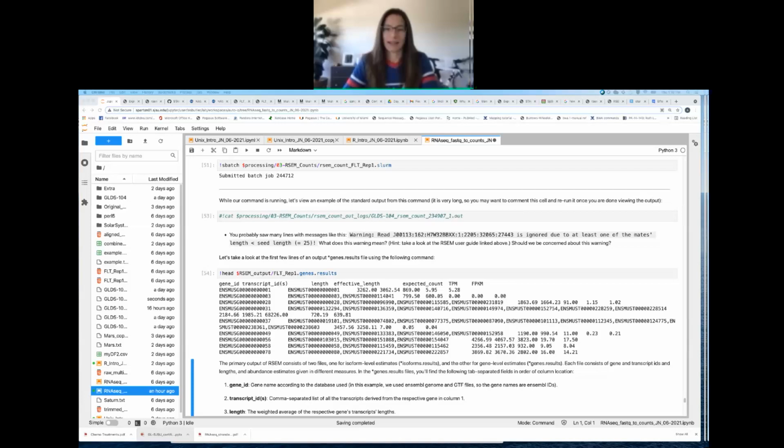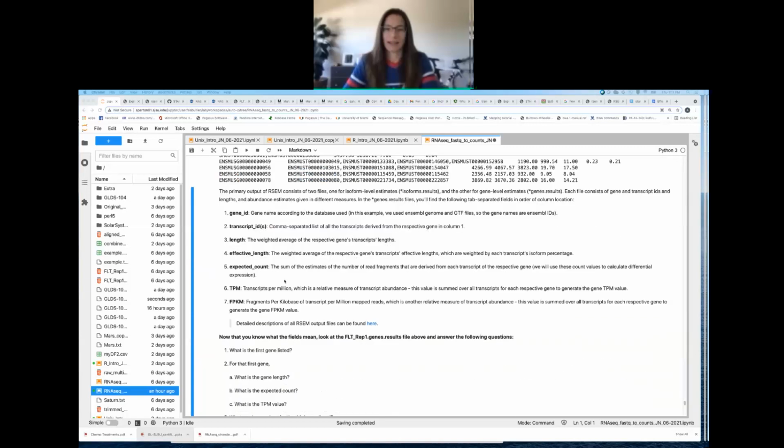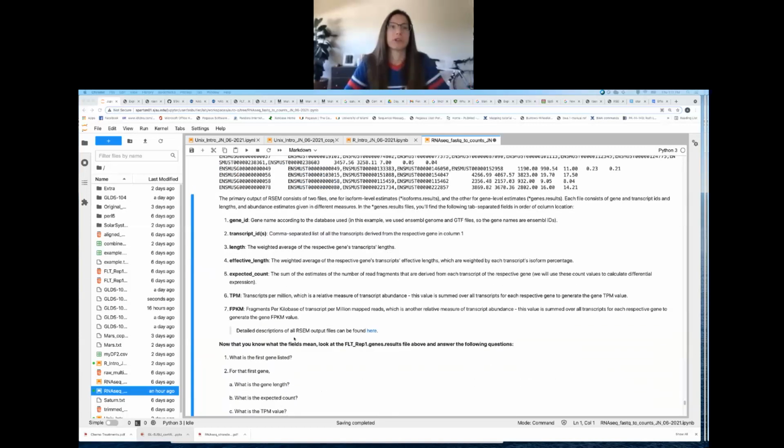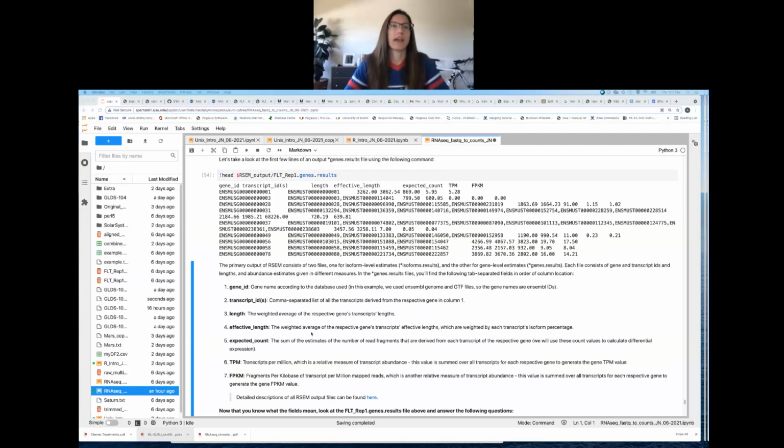I want you to take a look at this genes.results file. I went over what each column is in the lecture, and I also repeat the definition of each column in the Jupyter notebook, so you have that information in multiple locations. And there's another link here to the description of the output files in RSEM.